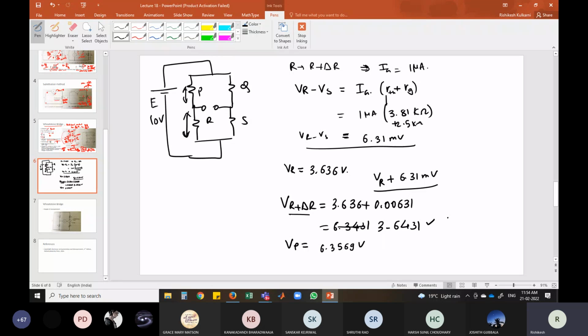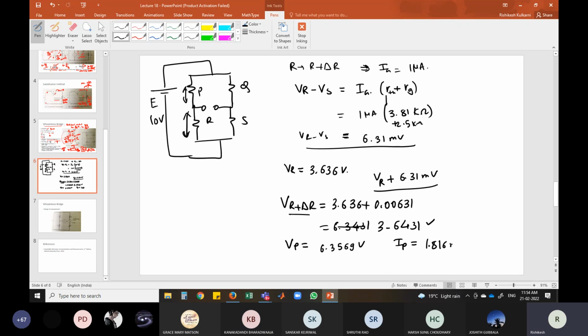Now you can actually calculate the current through P, that is IP. How much is that? 1.816 milliampere.